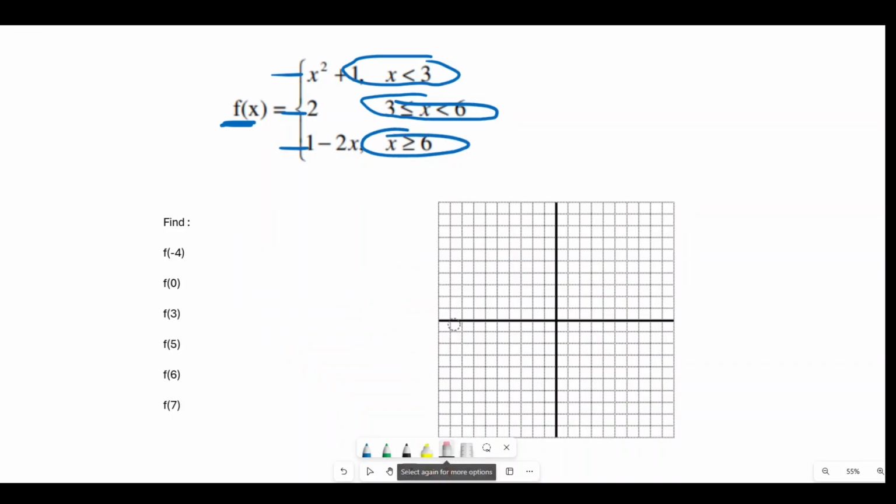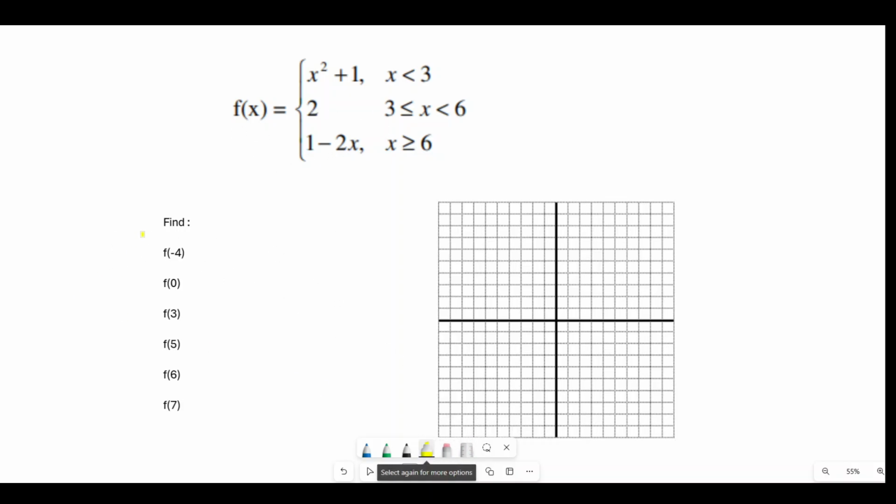Oops, we don't need the ruler. To start with, let's make sure we understand what's happening by finding some of the output values of the function. First I want to find the output when x is -4. Which rule applies? At the top we have the rule that applies when x is less than 3, but not equal to 3.